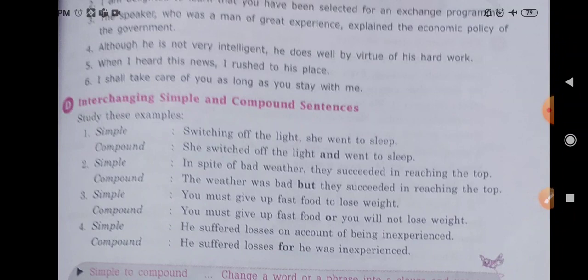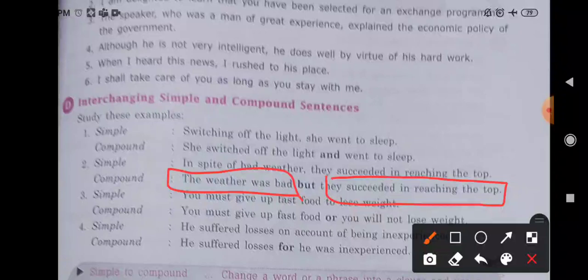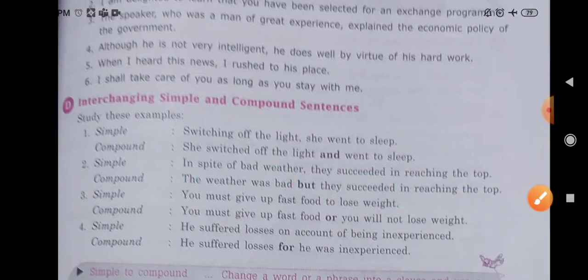Now here, two finite verbs are there. So it is a compound sentence and both have equal importance. "The weather was bad" is one clause. "They succeeded in reaching the top" is another clause. So similarly, we can make the changes.